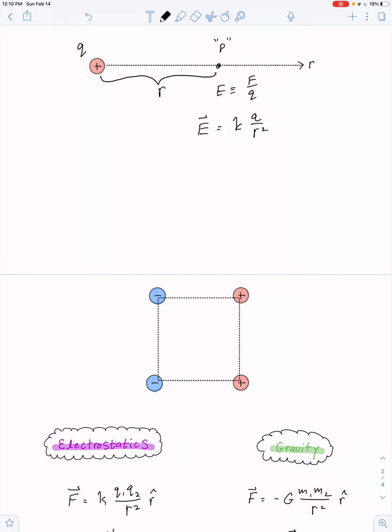And because force is a vector quantity, electric field must also be a vector quantity. Likewise, we can define a quantity known as electric potential at point P. It's equal to, by definition, not the force per unit charge, but the amount of potential energy per unit charge. So the electric potential is kQ over r.